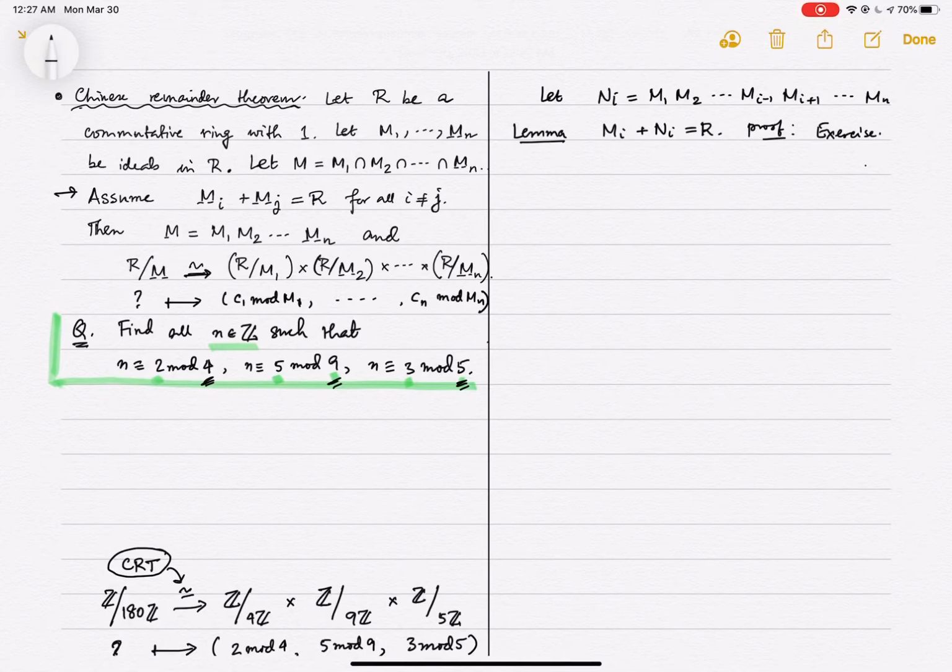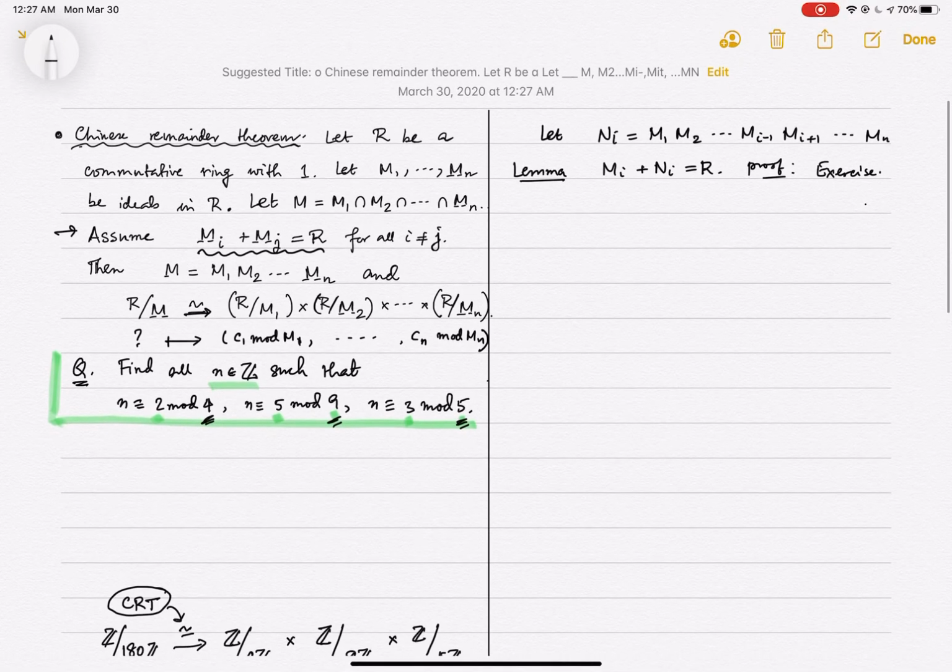So in general, under this assumption, still assuming that they're co-maximal, I assume mi plus mj equals R for all i not equal to j. Then when you take the ith one and add to it the product of all the other ones, they're still co-maximal.